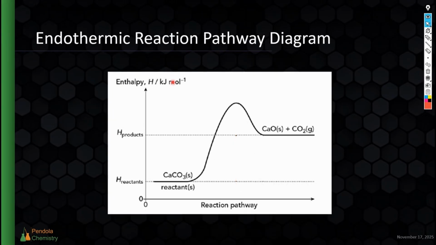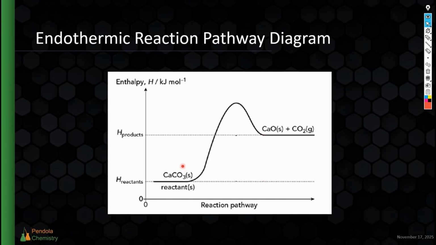Now, for an endothermic reaction pathway diagram, or an endothermic reaction energy level diagram, the general aspects are the same. The y-axis is still the enthalpy change, the x-axis is still the reaction pathway, and we still have reactants on the left and products on the right.